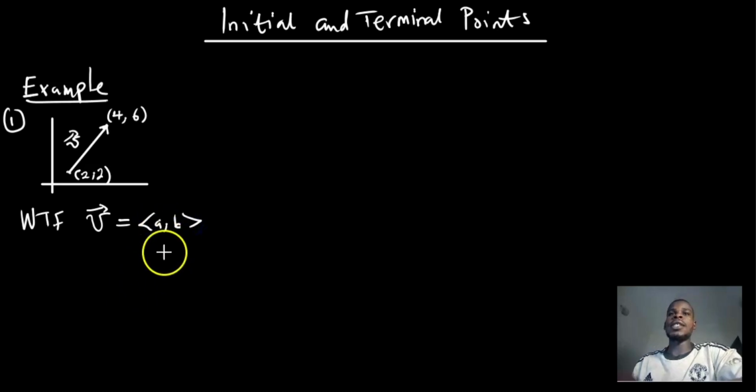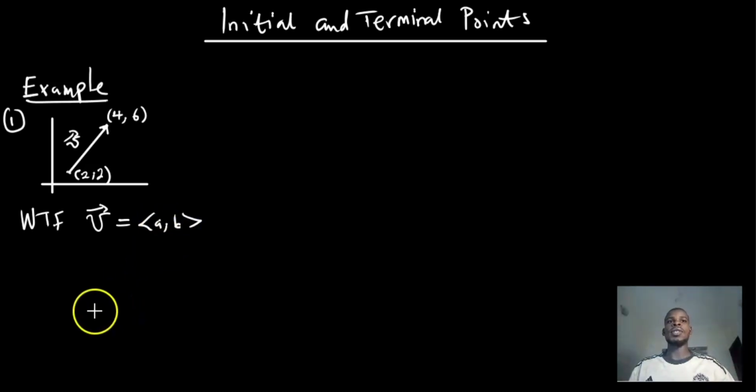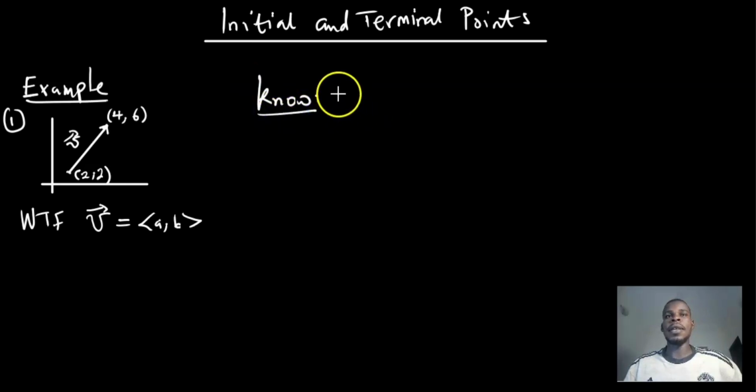What we simply have to do is take the difference. Given an initial point and a terminal point of a particular vector, the vector is given by the difference between the terminal point and the initial point. Let me put it out there as something you should know.